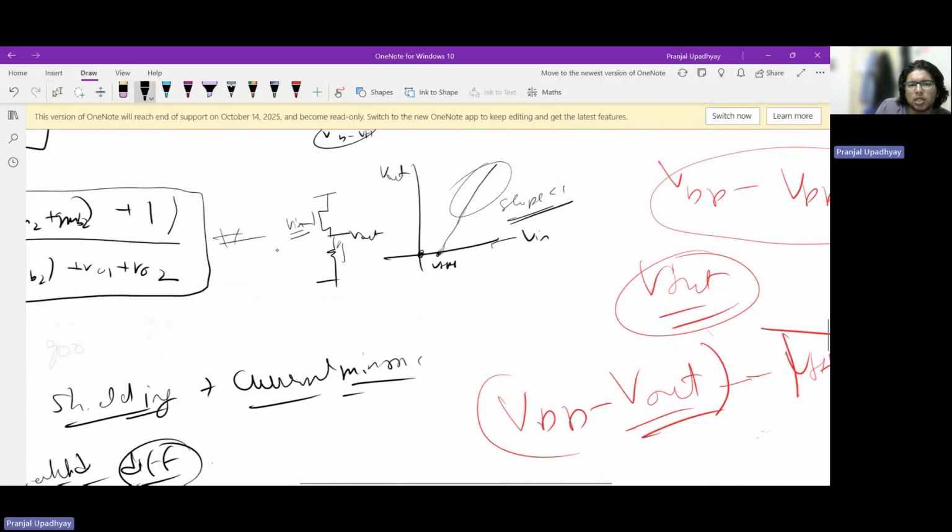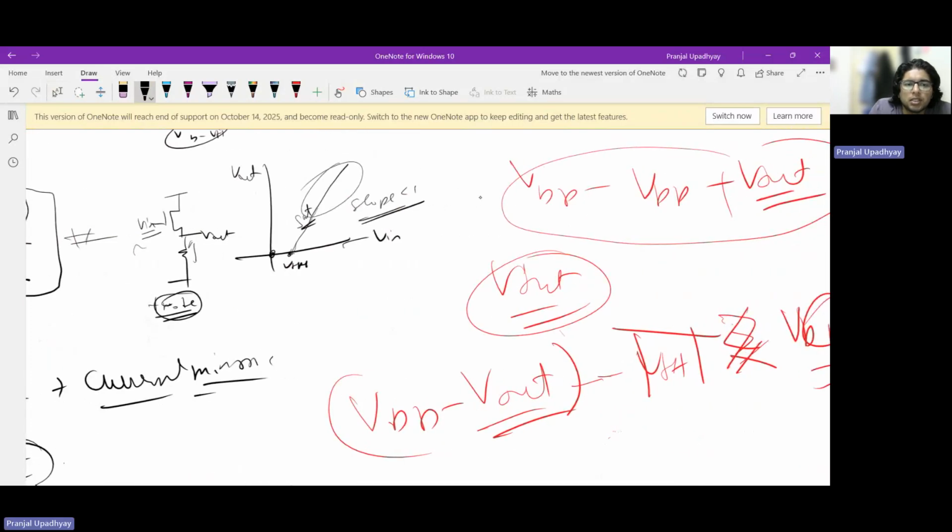And when Vin is too large, the device goes into triode regime. Okay, so we have been talking about saturation. But what if this Vin is so high that the device goes into triode regime? Then how should this graph look?